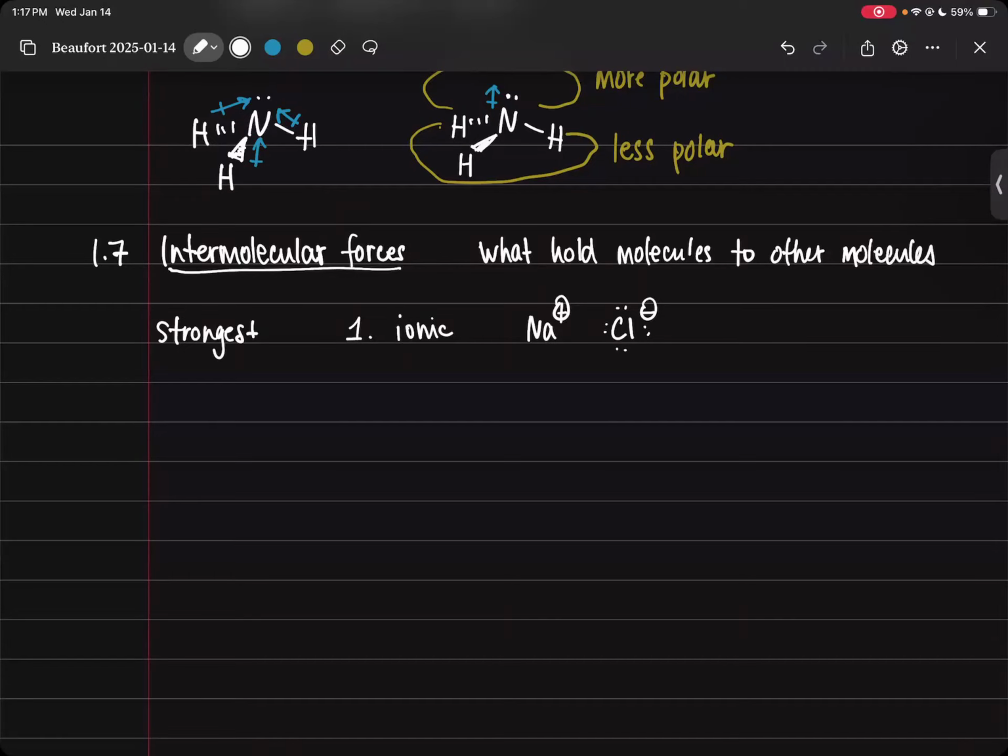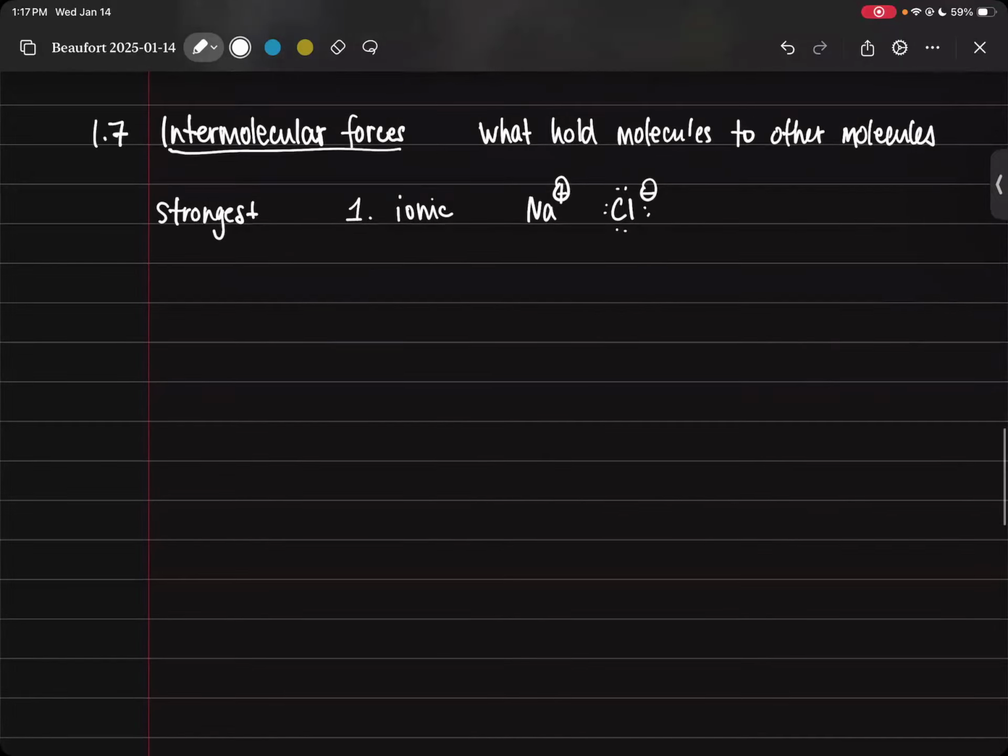That's why sodium is a super reactive metal and chlorine is a super reactive gas, but you put them together and you get salt, which is not reactive at all. So ionic force is very strong, but generally in organic chemistry, we don't care too much about them.